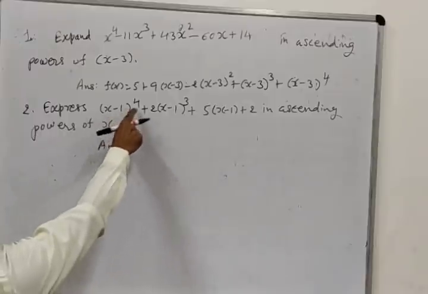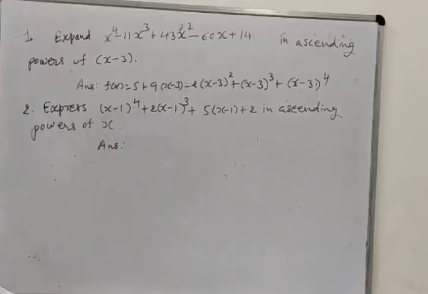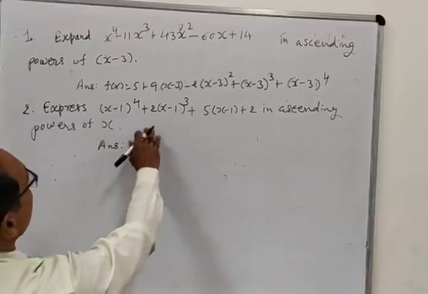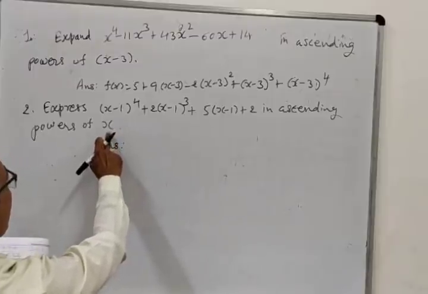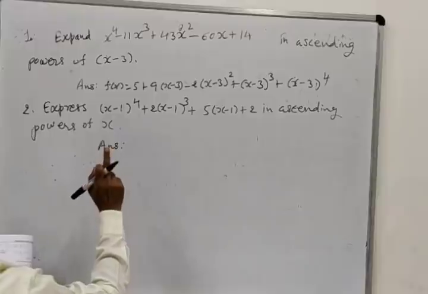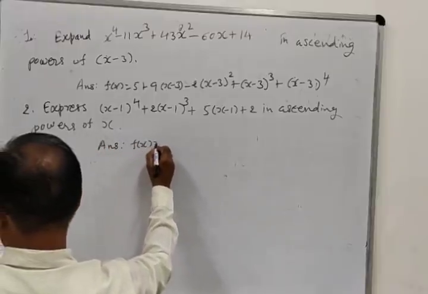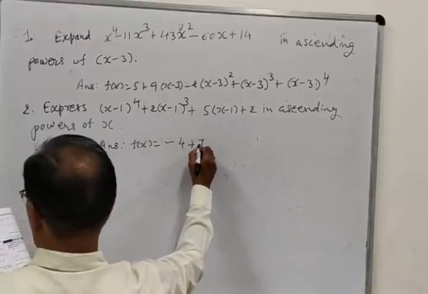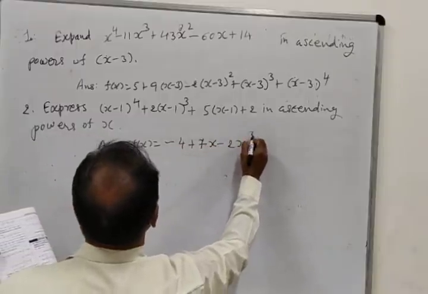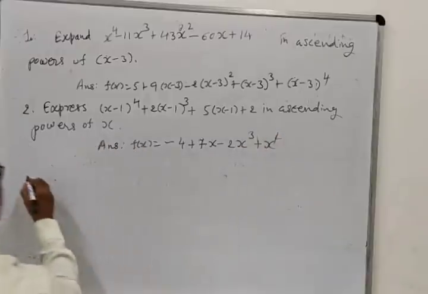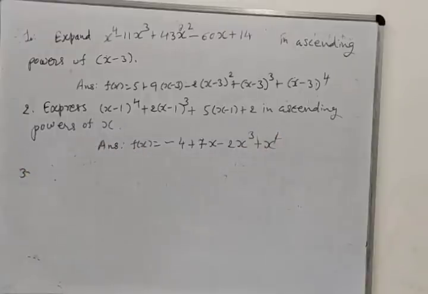Here again the highest power of this polynomial is 4, so you can find the derivatives up to fourth order, and the rest, that is 5th, 6th derivatives, will be 0. So you will have to use your Maclaurin series because it is in powers of x, and you will have to put x equal to 0. So here the answer will be f of x equal to minus 4 plus 7x minus 2x cube plus x raised to 4.